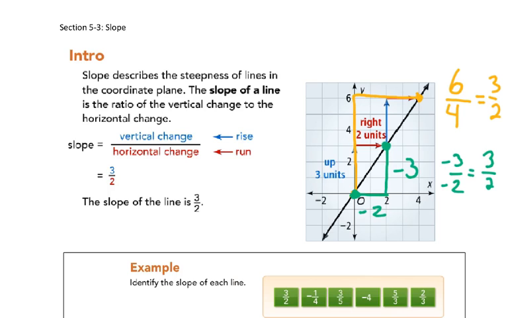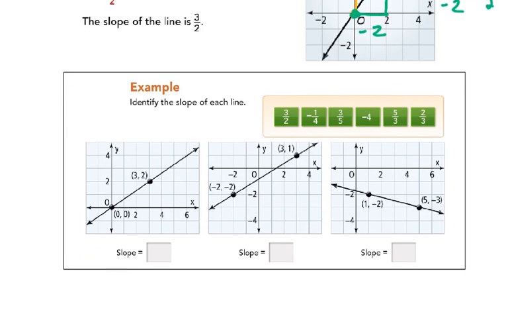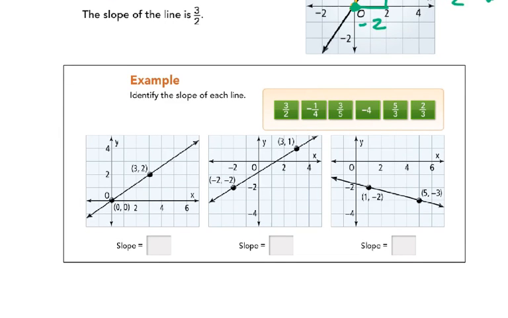So let's take a look at the example below. We are asked to identify the slope of each line. They are kind enough to give us 2 points. Remember, slope is rise over run. To go from this point to this point, I would draw my triangle.